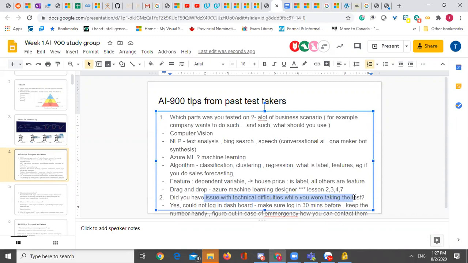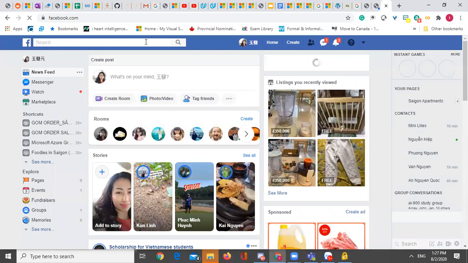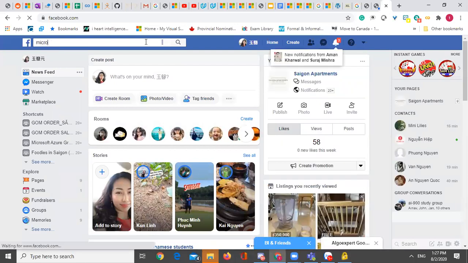Also have the number of the test center handy, and a way to contact them in an emergency, so that you don't miss the test. And I have heard from so many people about this. Okay, I'll show you a very good platform for you to also study all the certificates on Azure.